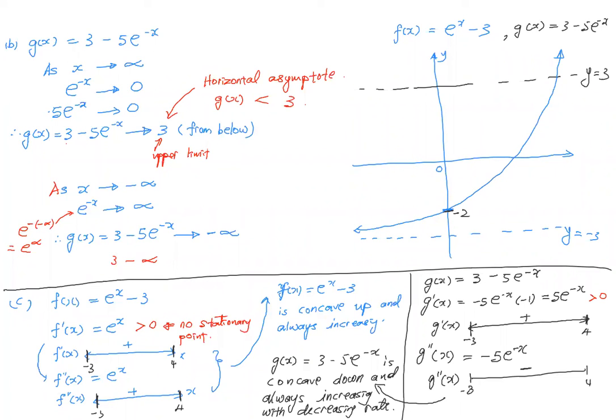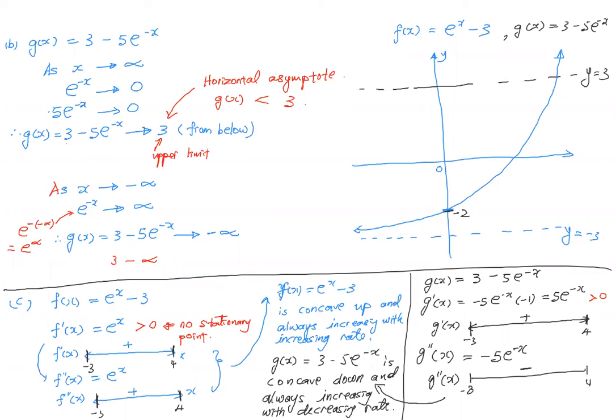So who can improve my f(x) answer? f(x) is concave up and always increasing with increasing rate. Yeah, so that's why I said students can always be better than me.